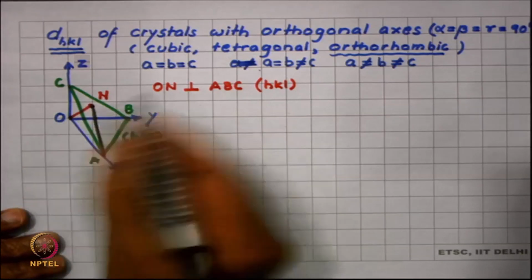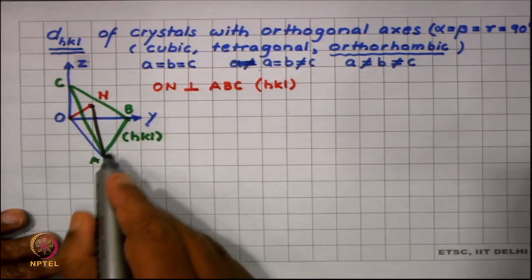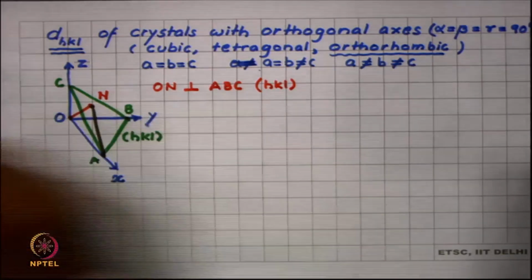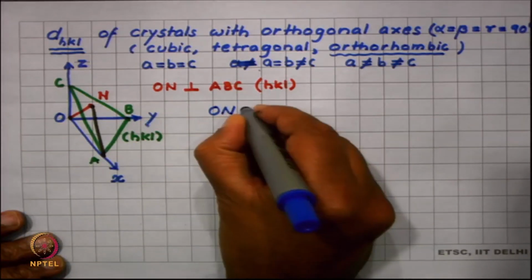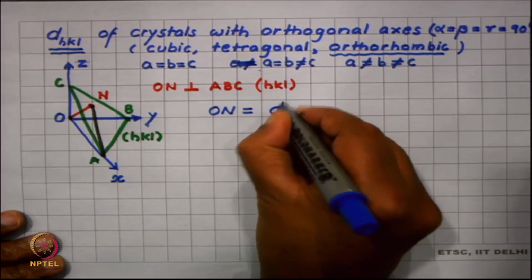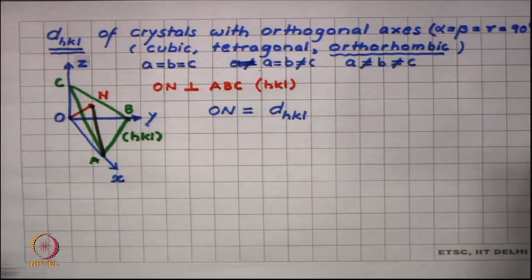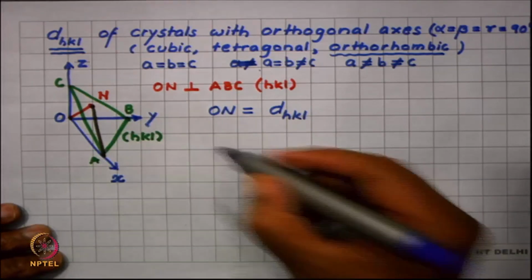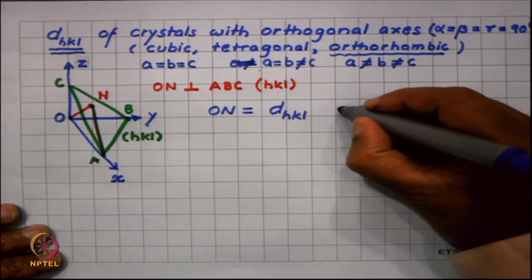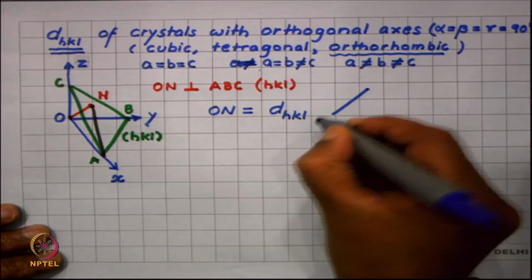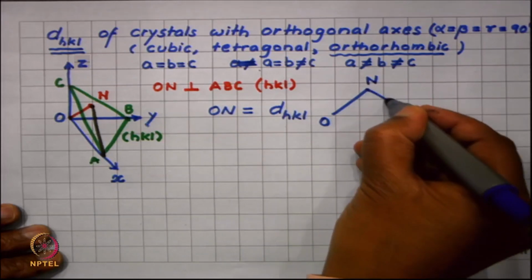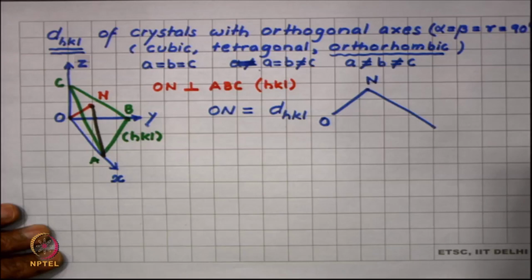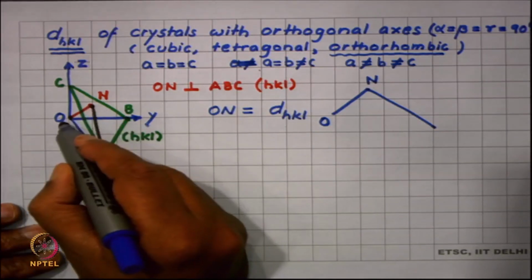Remember first that ON is the distance from the origin to the hkl plane, and that is why by the definition which we gave, ON is equal to d_hkl. Now, I am redrawing this triangle ON and then A. Note that ON is the foot of the perpendicular from O to the plane.